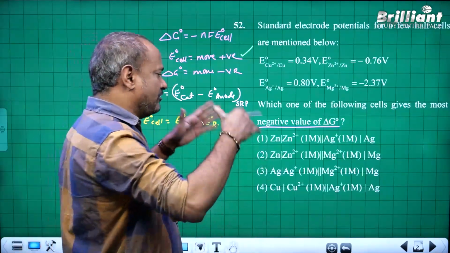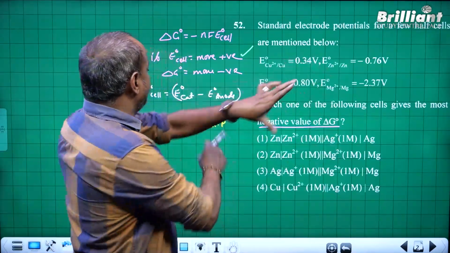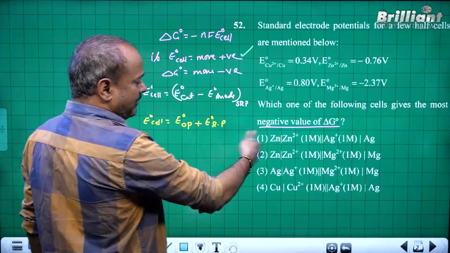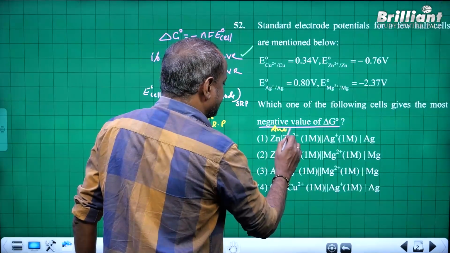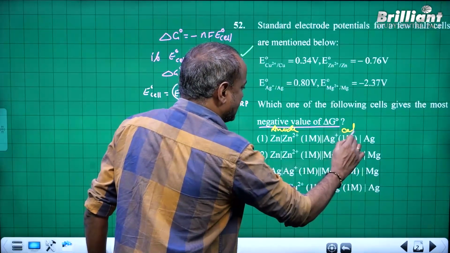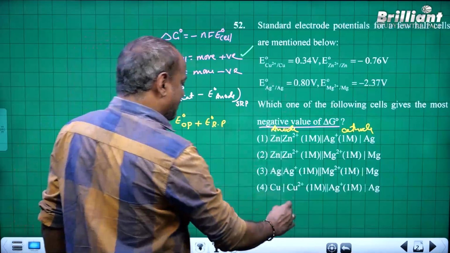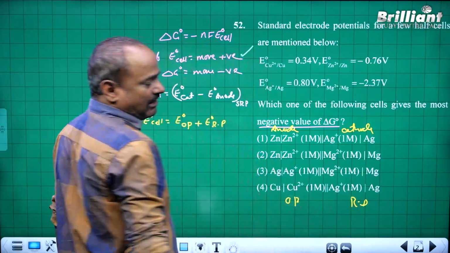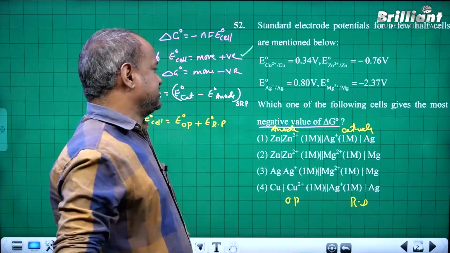So as for cell notation only, we have to find out the cell EMF. If cell notation not given, then follow this formula, cathode minus anode. So now left side anode, right side cathode. Left side everyone is anode, right side is cathode in the cell notation. So that means these all OP values, these all RP values. So first zinc and silver combination check.